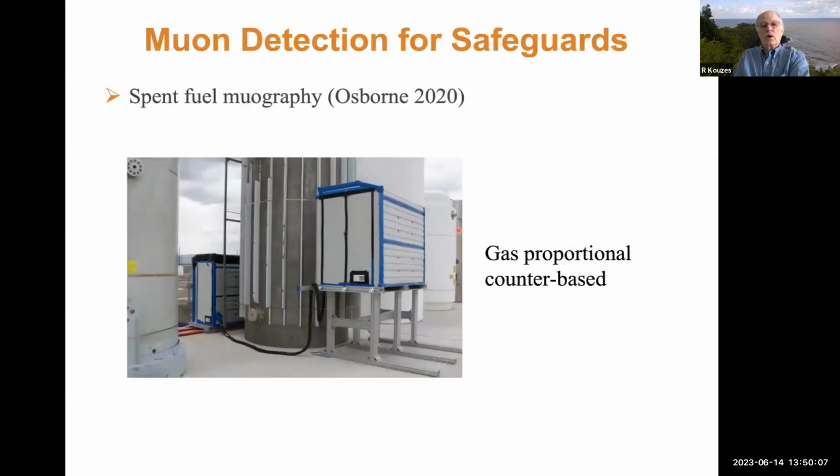Another application of muons, this is a picture from Los Alamos. Los Alamos placed large muon detectors on either side of a concrete spent fuel storage container at Idaho National Lab. This uses gas proportional counters to measure muon passages. The muons are measured actually 3 times on each side.